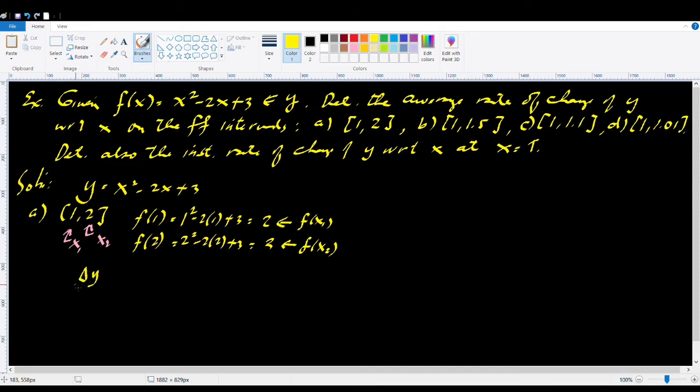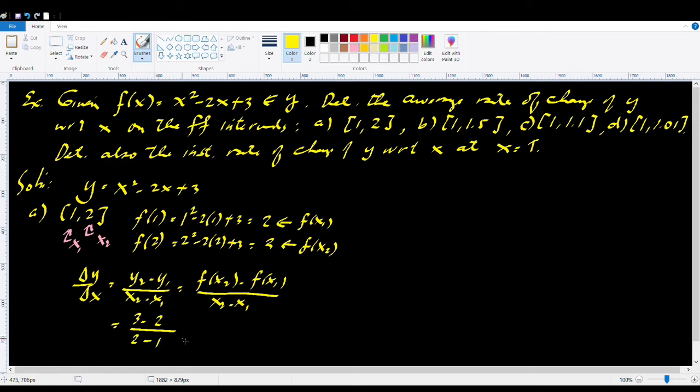So delta y over delta x is y2 minus y1 all over x2 minus x1, or f of x2 minus f of x1 all over x2 minus x1. Our f of x2 is 3 minus f of x1, which is 2, divided by the length of the interval, 2 minus 1.